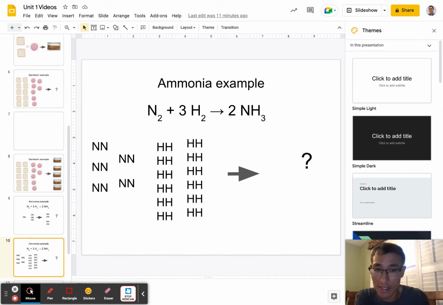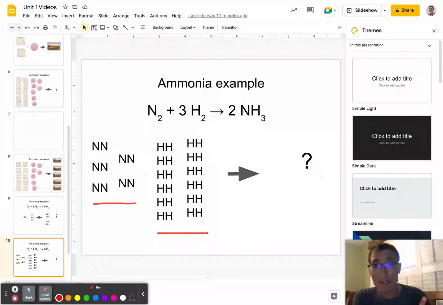Which is my excess reactant? If you think about what you can make out of each one, how much ammonia can you make with just the nitrogen? How much ammonia can you make with just the hydrogen? And then figure out which one is less. Okay, so I'll give you a second to think about that.